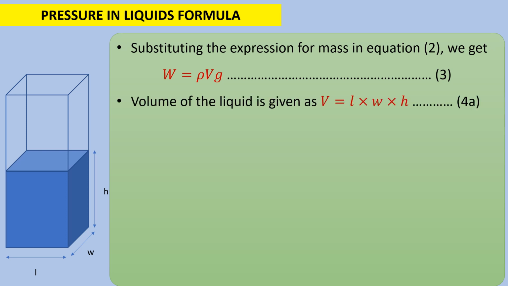The next step is to calculate the volume of the liquid in this container, in this case given by the dimensions, just a simple multiplication: length times width times height. Remember, length times width gives us the cross-section area, and then multiplying it by the height gives us the volume.